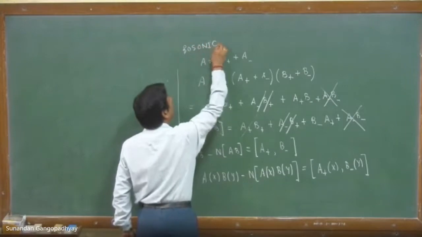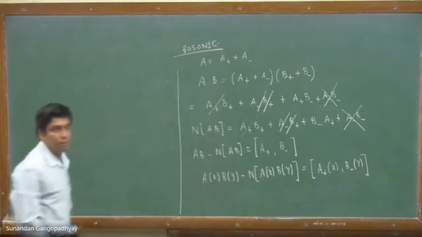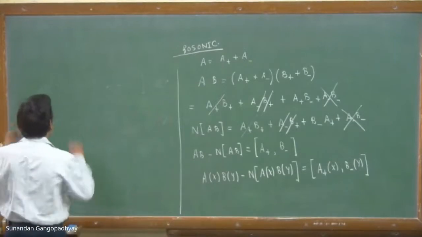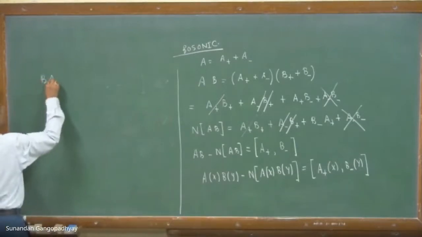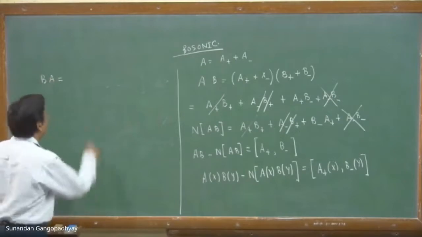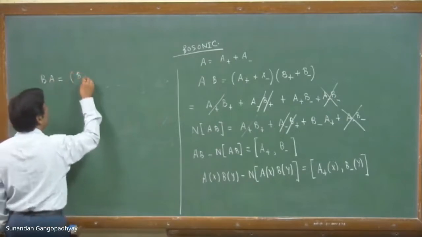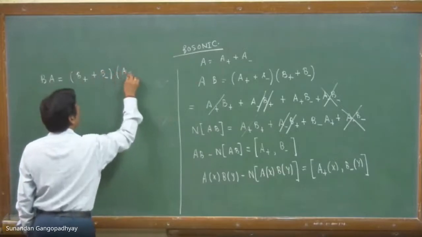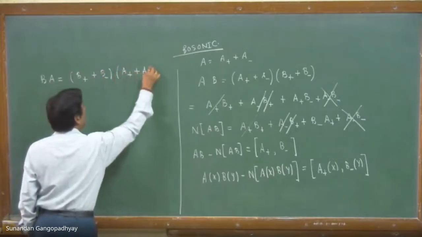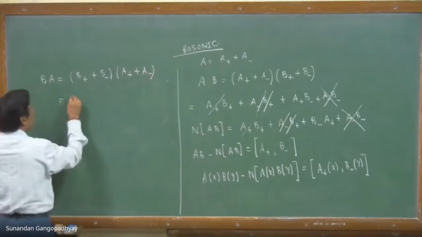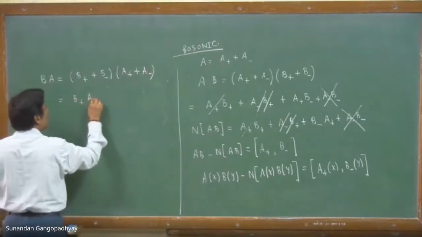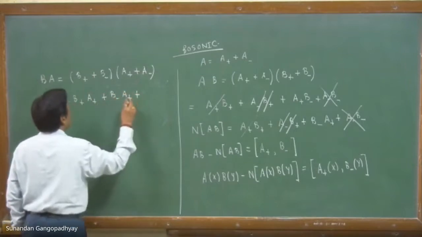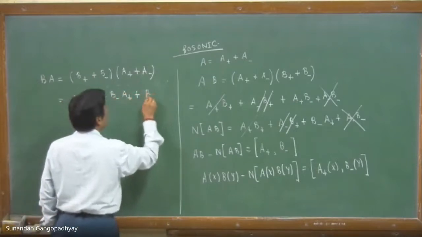Similarly, now you can show this. Let me write down what BA is. BA is a similar calculation: B plus B minus times A plus A minus, which equals B plus A plus plus B minus A plus plus B plus A minus plus B minus A minus.